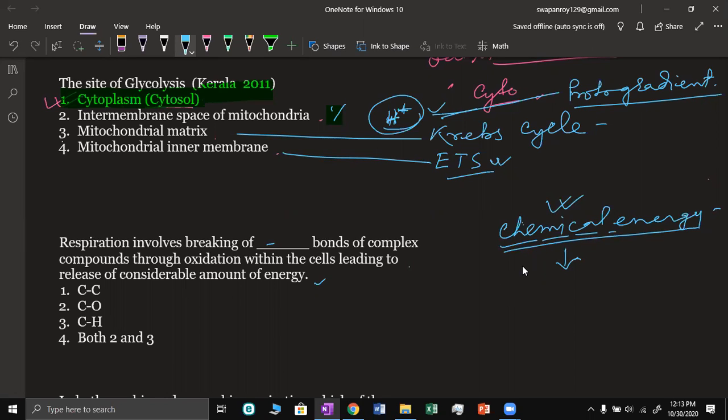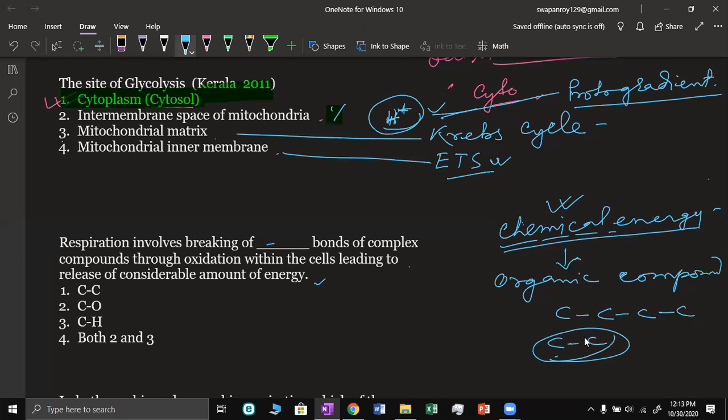Our respiratory substrates are organic compounds. In them there are carbon molecules, and between the carbon molecules there are bonds. When the bond between carbons breaks, there is a release of energy.